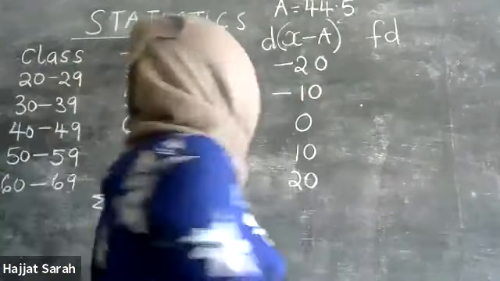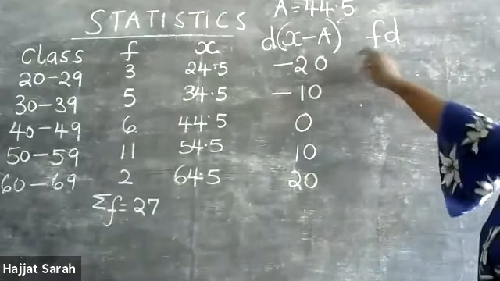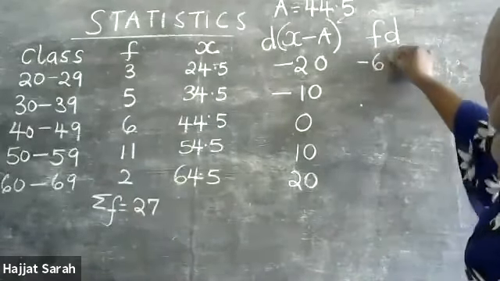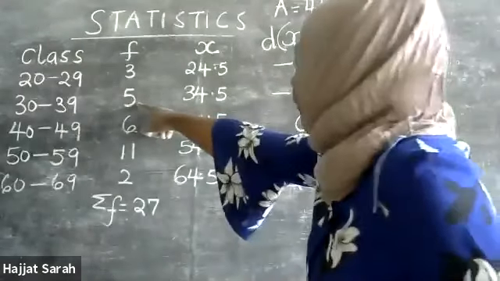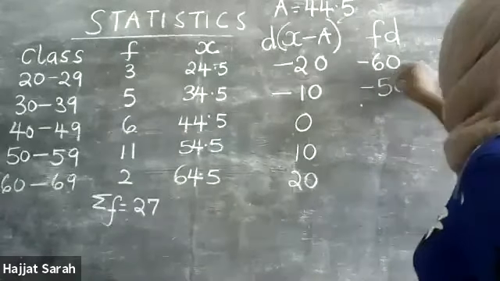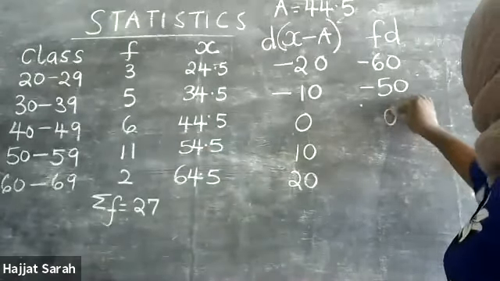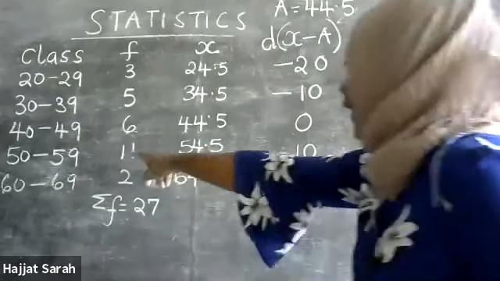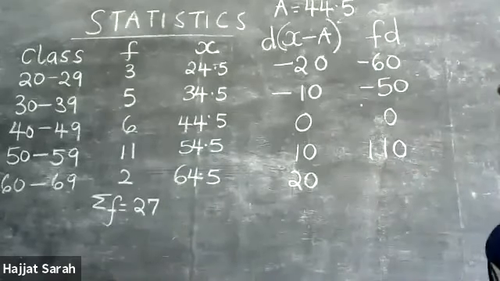Now we go to FD. So you have 3 times negative 20, that will be negative 60. 5 times negative 10 will be negative 50. 6 times 0 will give you 0. 11 times 10 will give you 110.